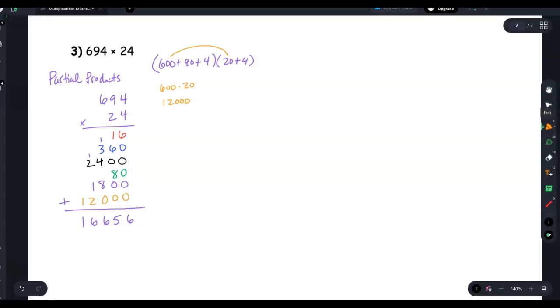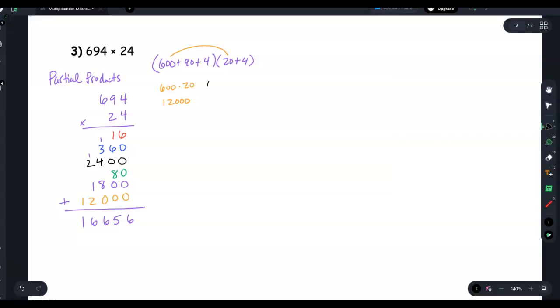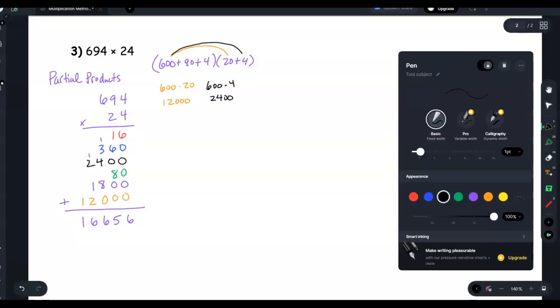And then I'll move on to the 600 times 4. Is the 2,400. And then sticking with 600, I finished that. So 600 times everything in the second number.